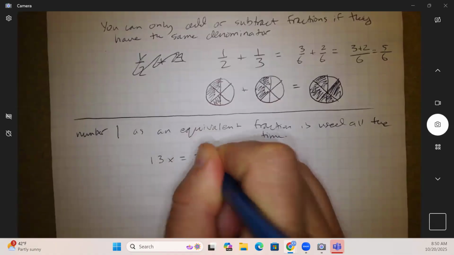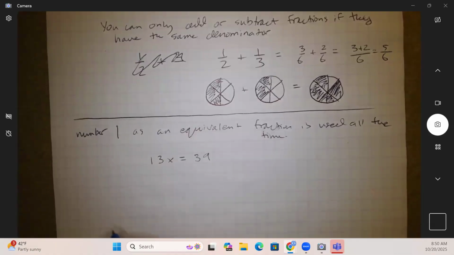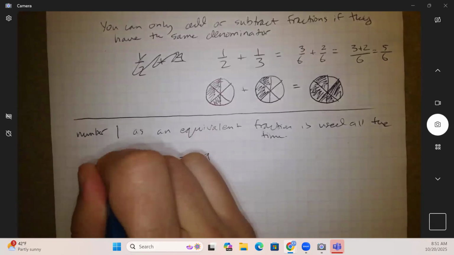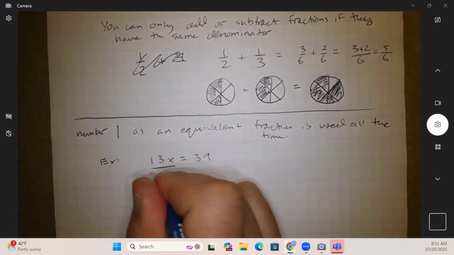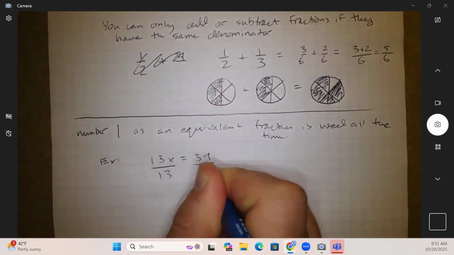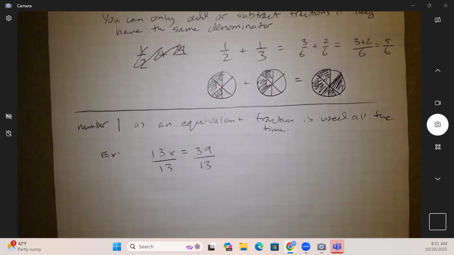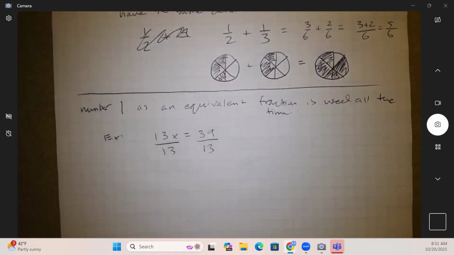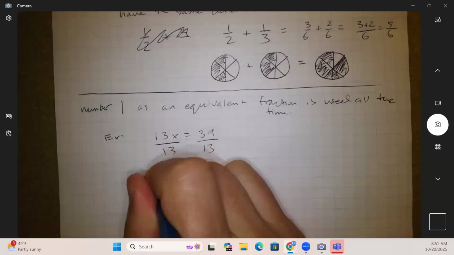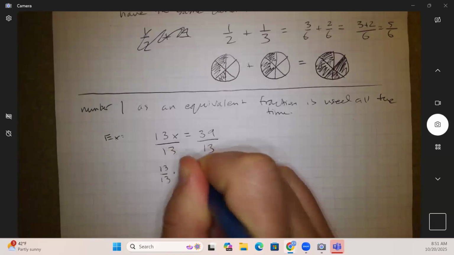13x equals 39, how did we solve 13x equals 39? You're right. We divide both sides by 13. And I said the 13s on the left cancel, which they do. And the reason is because it's 13 over 13 times x.